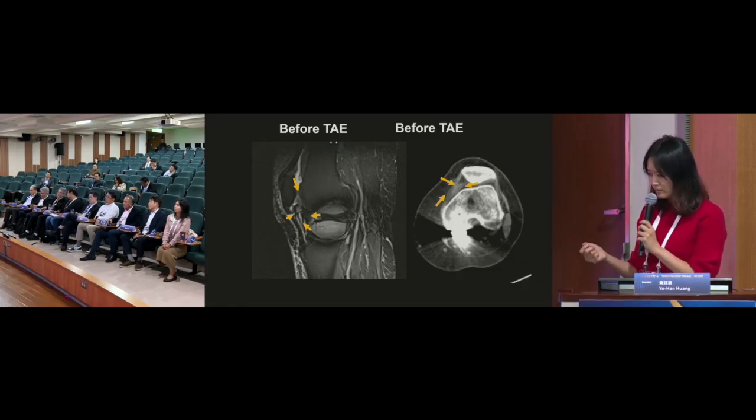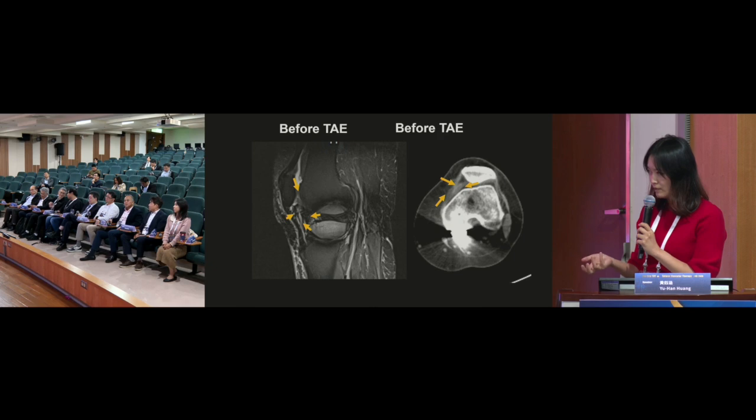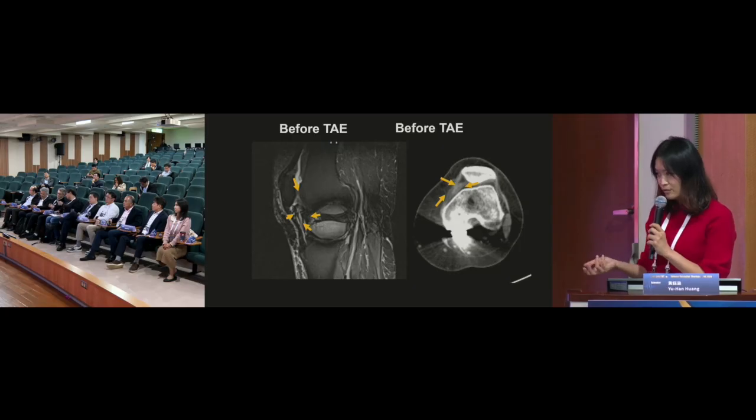And in Okuno's paper, he also did the MRI to predict the outcome. But in our experience, if it is osteoarthritis, no other etiology, you do a TAME, it can be 80% has a good result.